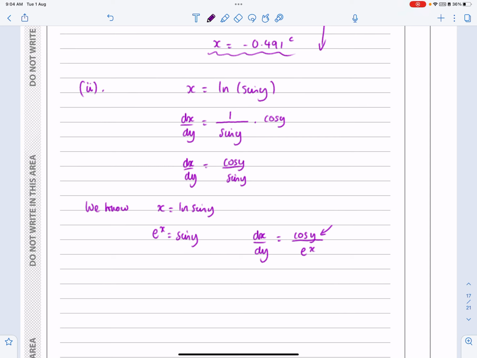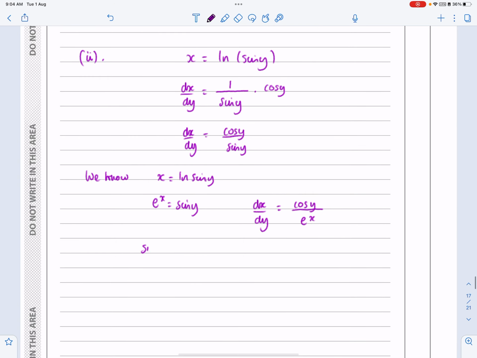Yes, you absolutely can, and it's something you just need to be aware of in P3. It comes from the idea that cos squared y plus sine squared y is equal to 1. So cos squared y is equal to 1 minus sine squared y, and so cos y is the square root of 1 minus sine squared y.